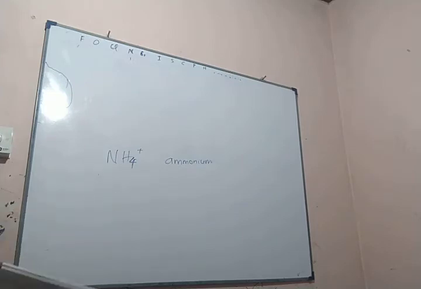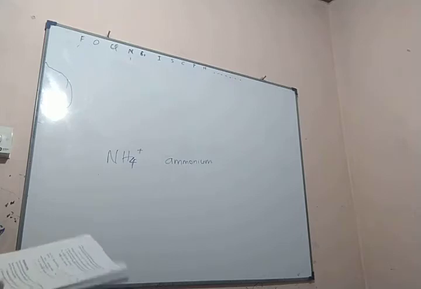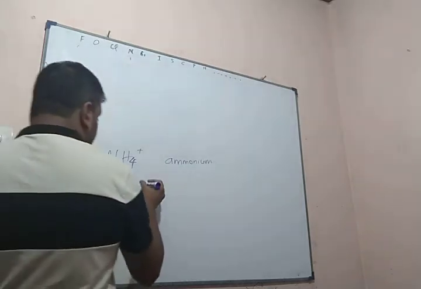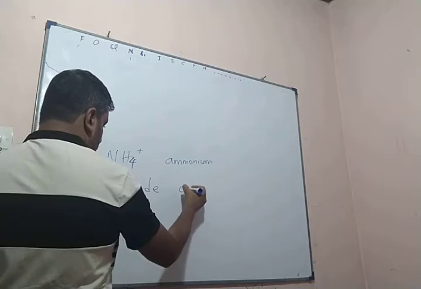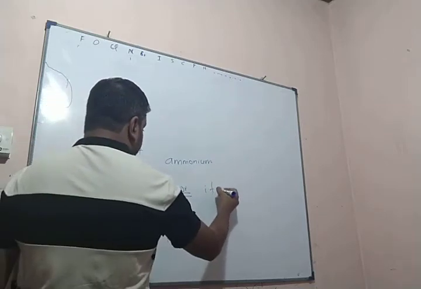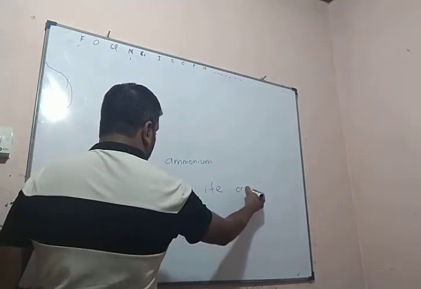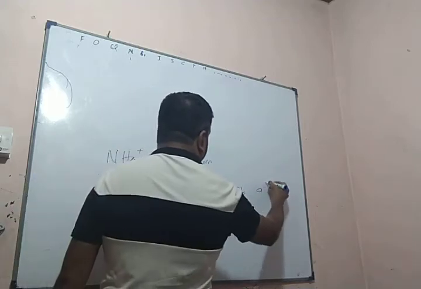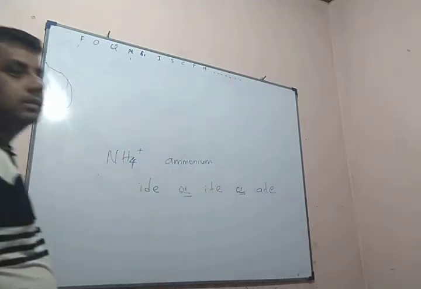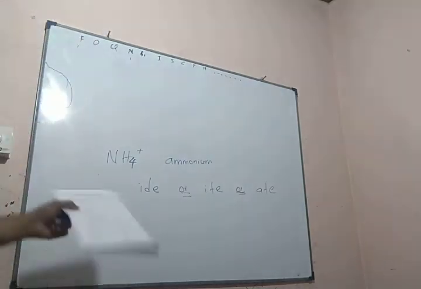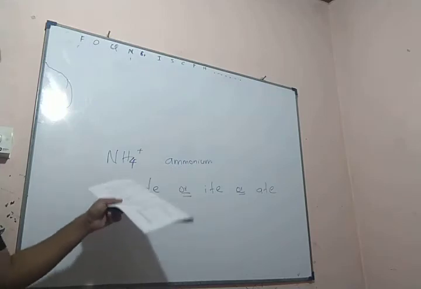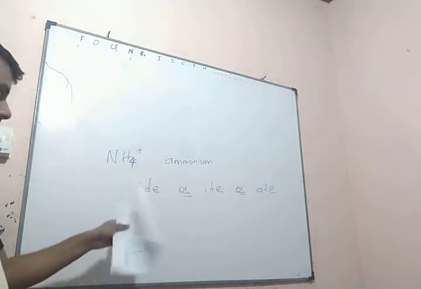For an anion, it ends with ide, ite or ate. IDE, we have seen it earlier, we have discussed it earlier.